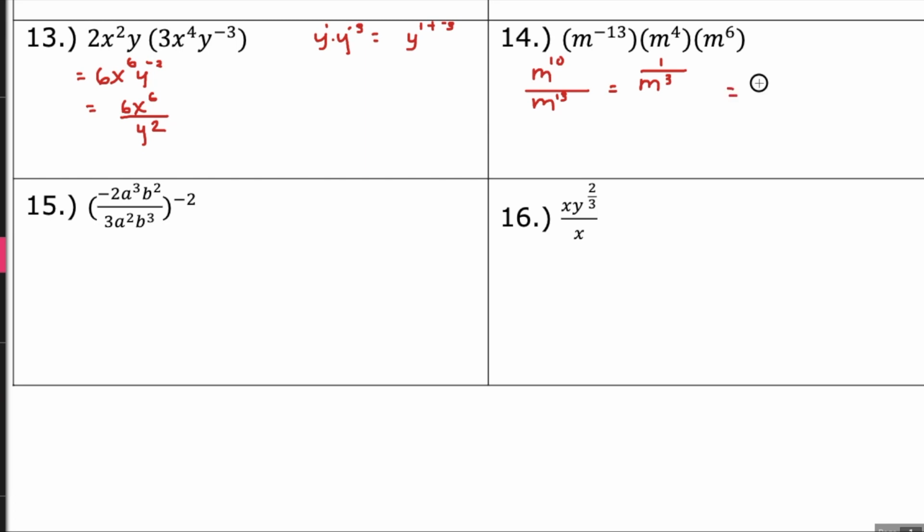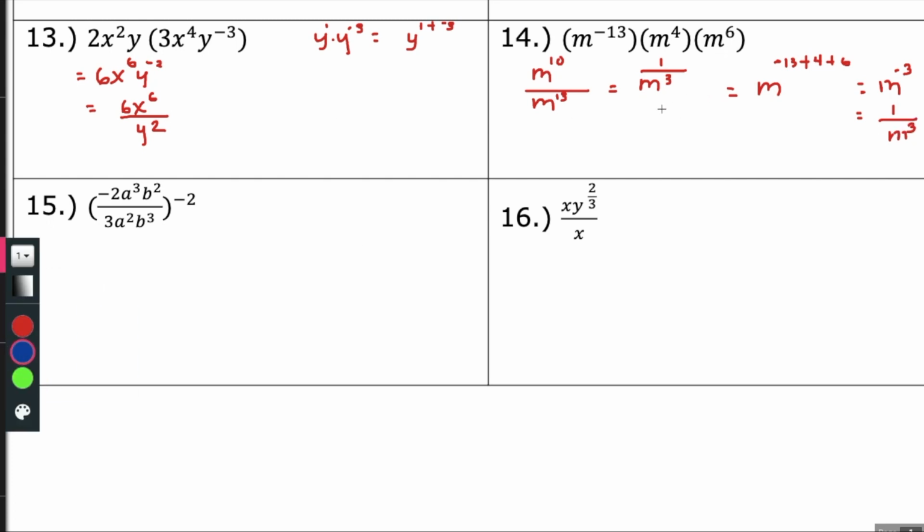So you have m^(-13 + 4 + 6), which will give you m^-3, which is also equal to 1 over m cubed. So this answer and this answer is correct.